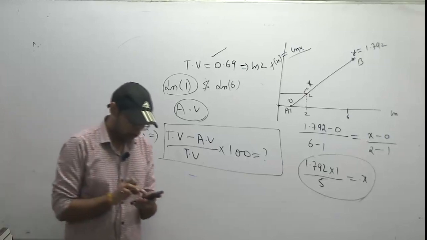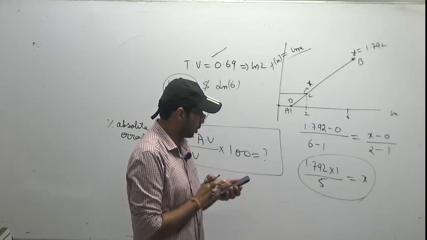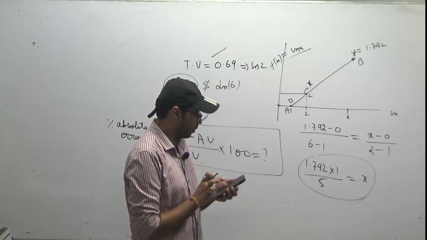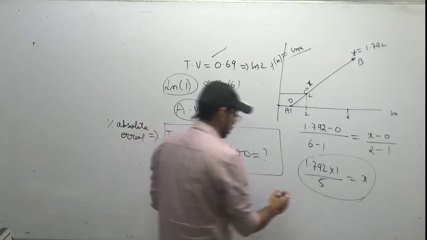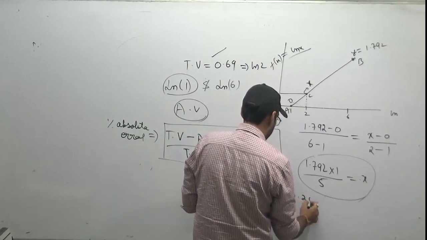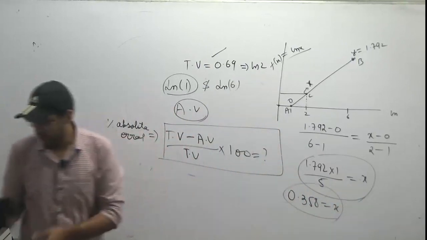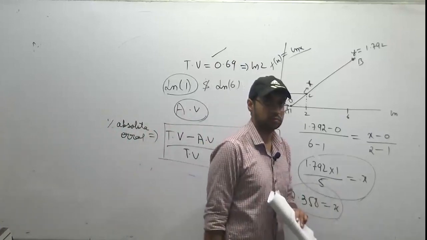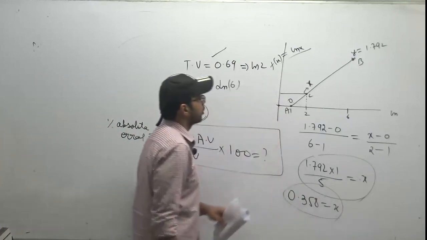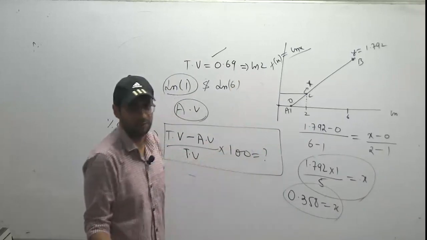Now, if I calculate this, I am getting 1.792 divided by 5, which is 0.358, equal to x. So the value of ln2 you are getting from here is 0.358. And you know the value of ln2 is 0.693.